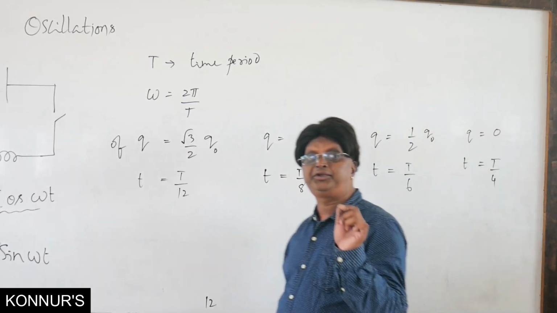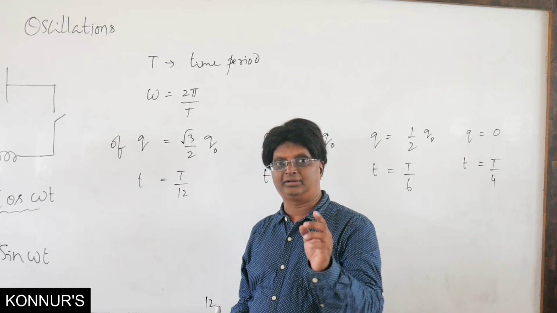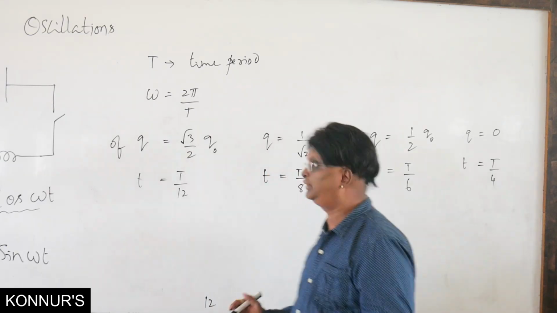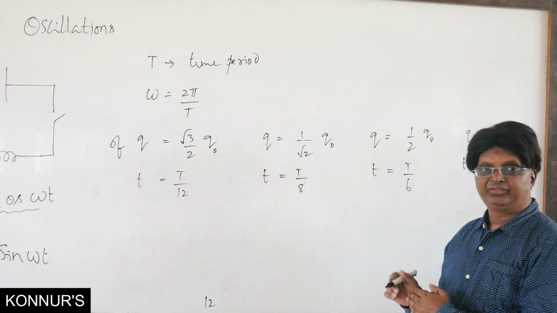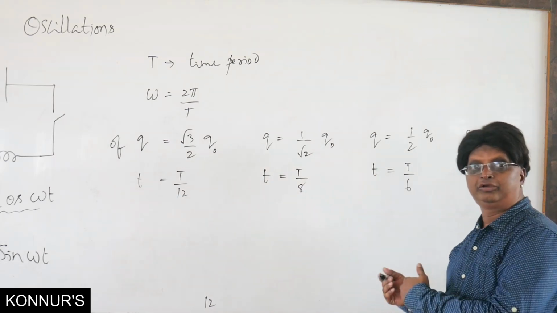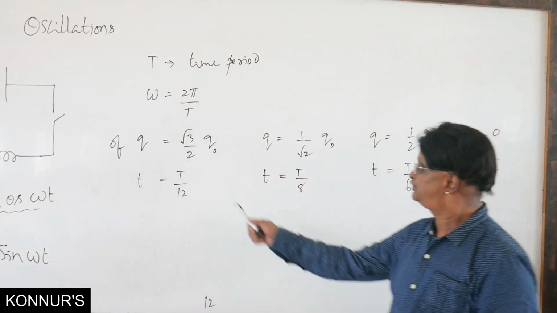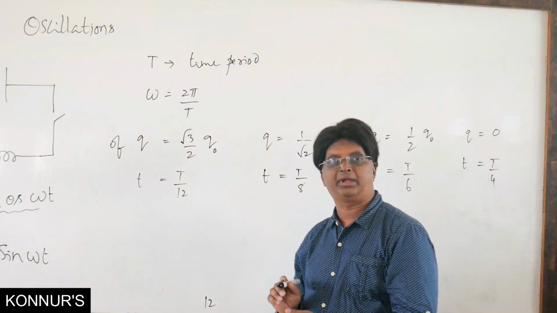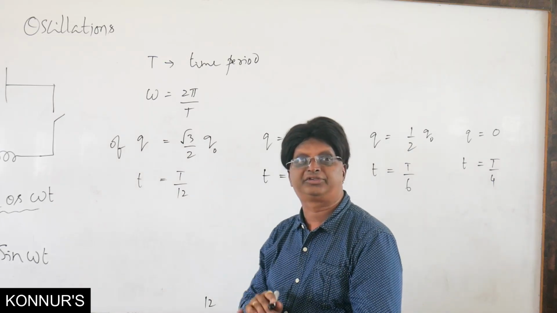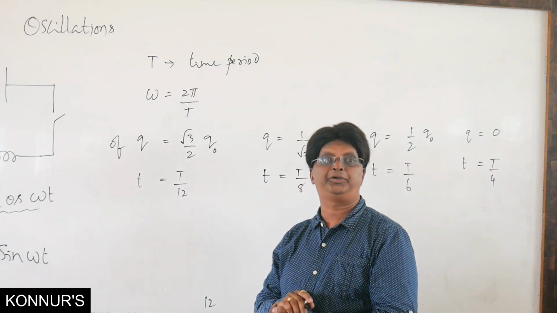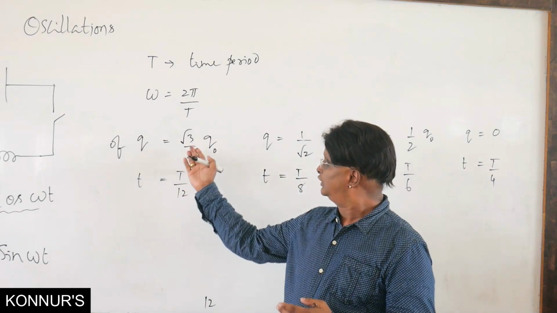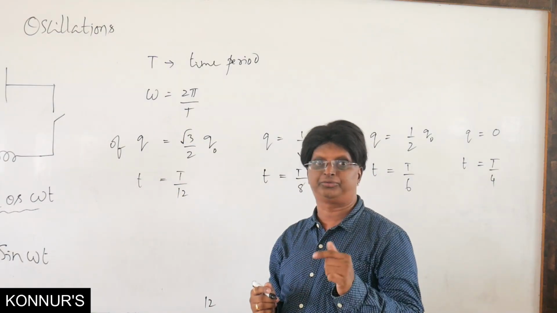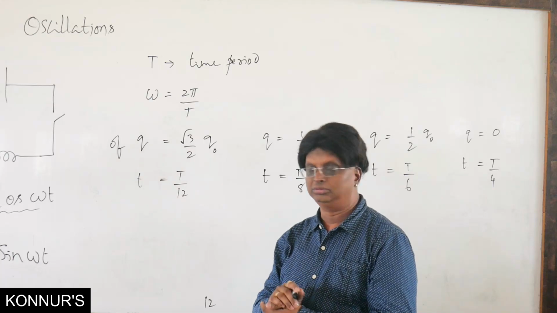So for a given time interval, what is the charge? Or for the given instantaneous charge, what is the time interval? This becomes one thing. The second one you also see: charge becoming root 3 by 2 times. In the case of a capacitor, the energy stored is given by Q squared by 2C, because here Q is changing, V is also changing, and that is why I have taken Q squared by 2C, not CV squared by 2.